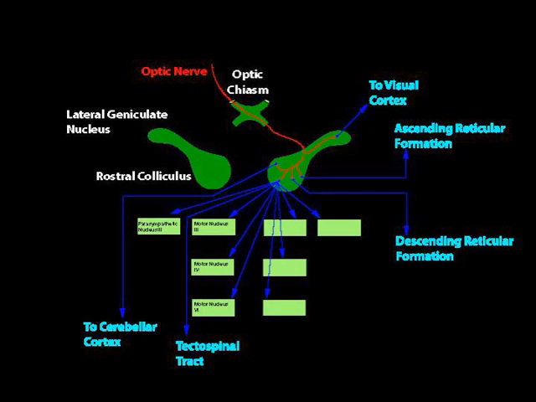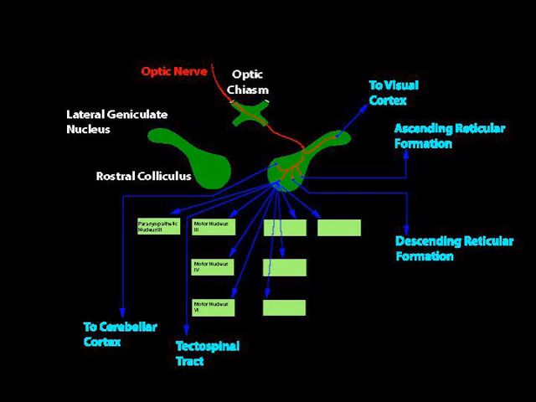This diagram is in your notes, and all of it's in your notes. It's also in Tony King's book, and it illustrates the processing that goes on at that level. The axon in red coming through the optic chiasma is the ganglion cell.